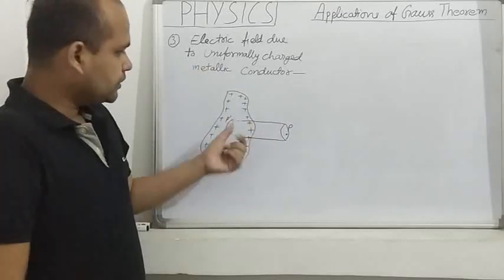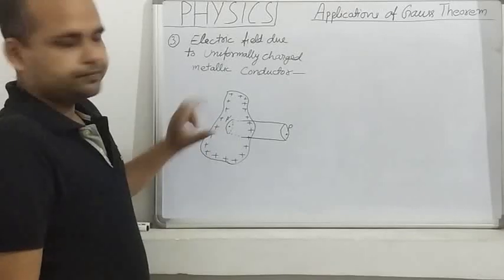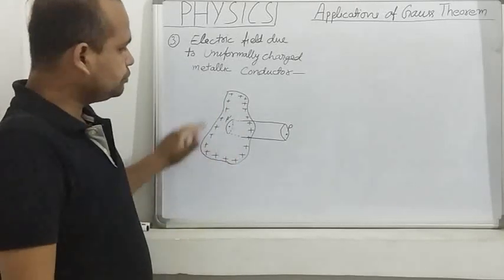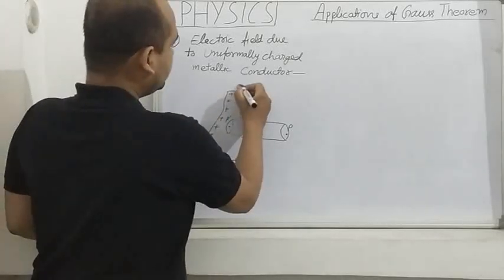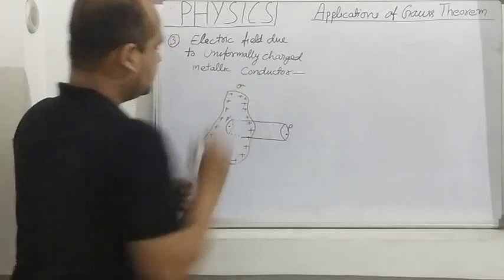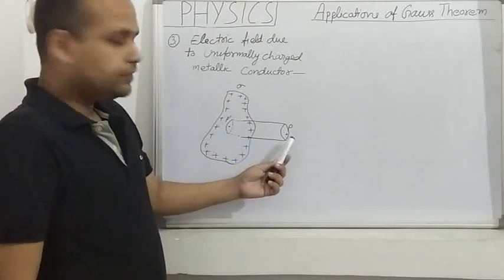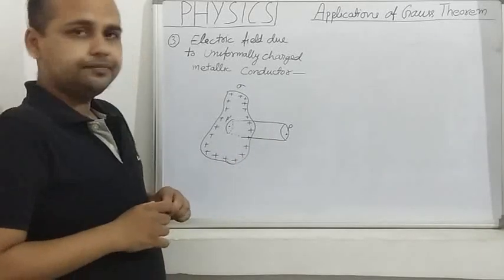So I am repeating once again, this is the metallic solid conductor. The charge is distributed uniformly, okay, and sigma is the charge density. This is the point P where we have to find the electric field.